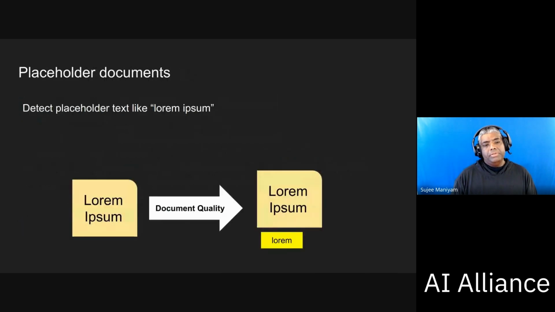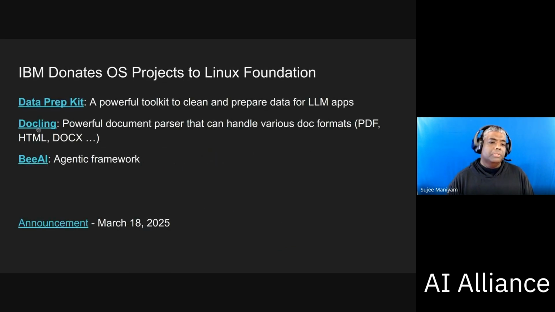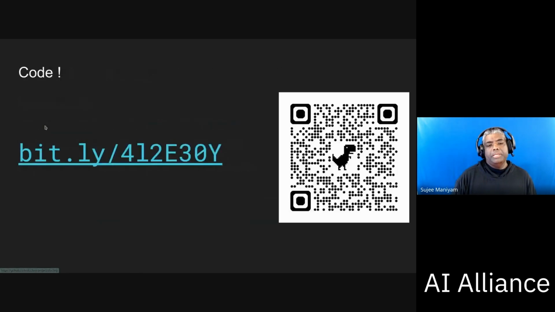For that, we actually use a software called Docling. Docling is open source, but now part of the Linux Foundation. So Data Prep Kit leverages Docling to extract data. We try to leverage as much open source as possible.